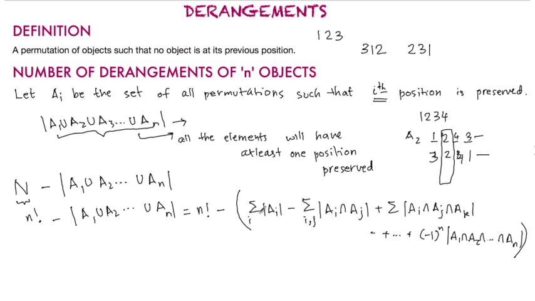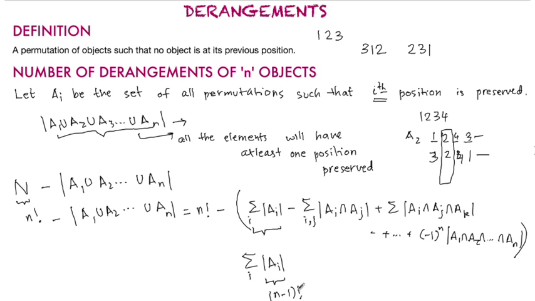Now the question is, what is this term? Let's zoom into this part. We have a summation and we have the cardinality of a single set. The cardinality of this set is n minus 1 factorial.